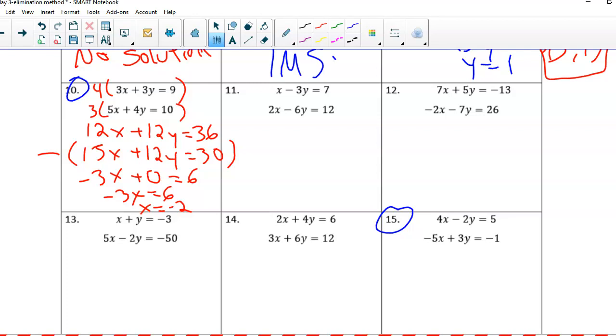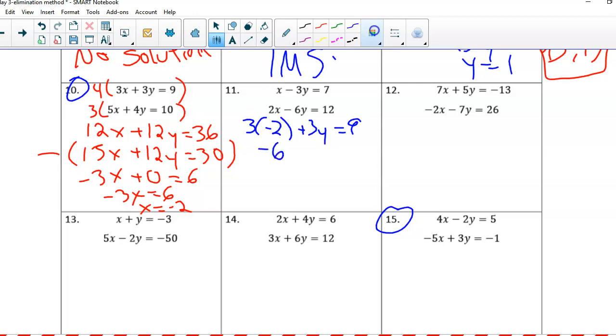Right, and then we need to put that back into one of the equations. Which one do we want to put that into? So it could be either of the originals or either of the ones we just found. Which one? The first one? Okay. So if we put this into the first one, I'm going to put that in 11 because I'm running out of space. 3 times negative 2 plus 3y equals 9.